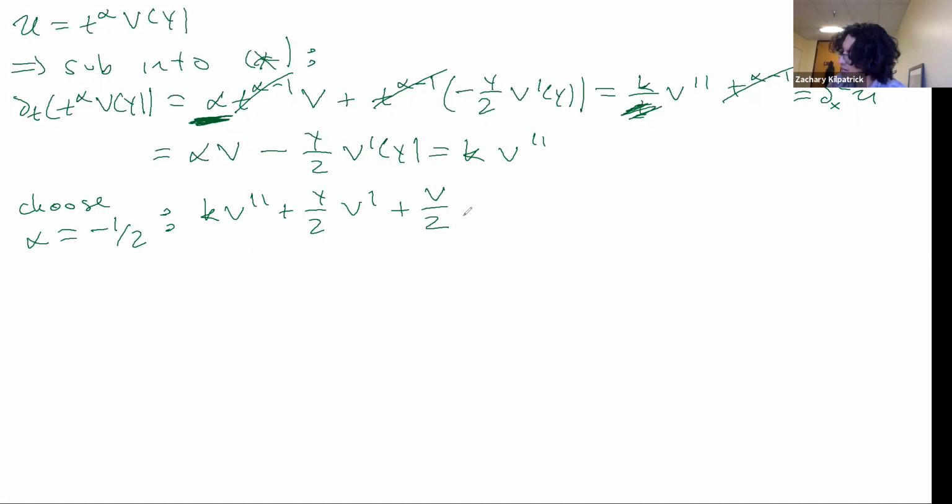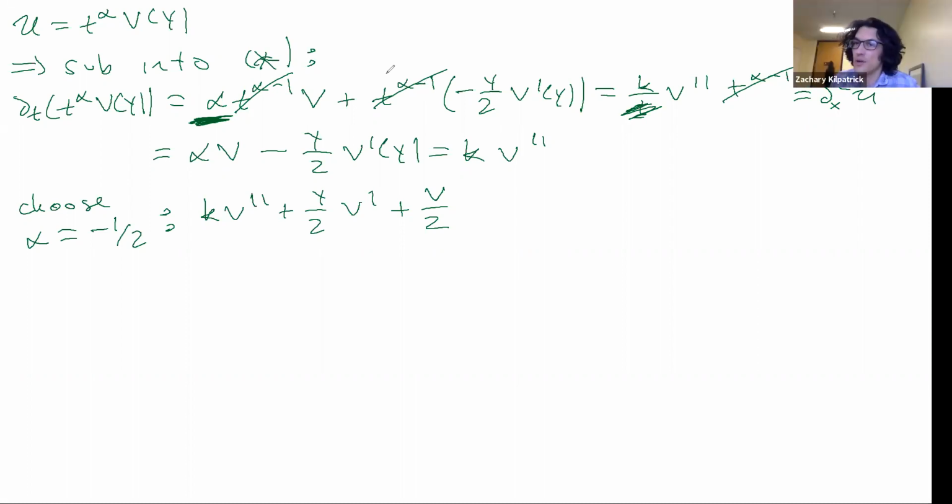As you're asking about, Kyle, the self-similarity does still work out because you get this cancellation from the t to the alpha minus 1 terms. But if we plugged in ax and a squared t into just u equals t to the alpha times v of y, we wouldn't get the same thing out.